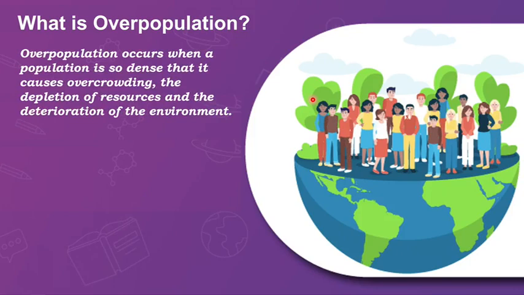Again, grade 10 concepts. If you have a look at our Earth here, it shows too many people. So overpopulation occurs when a population is so dense that it causes overcrowding, the depletion of resources, and the deterioration of the environment.